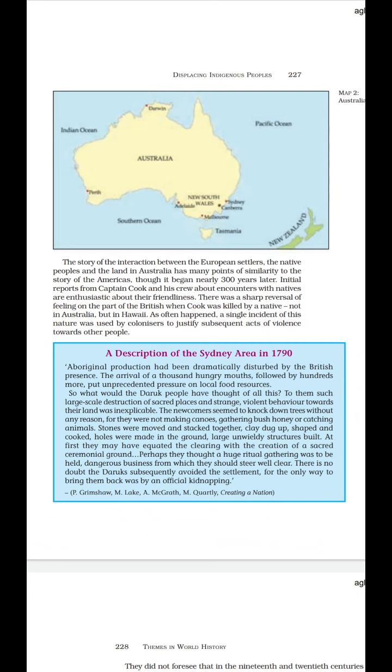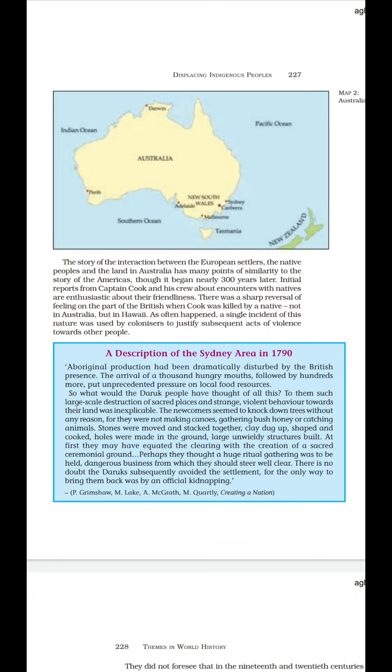Why did it happen? Because Captain Cook was killed by one of the natives, but not in Australia, but in Hawaii, and Hawaii was a colony of America.